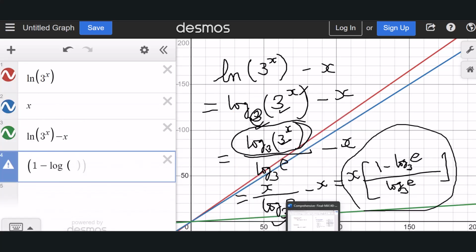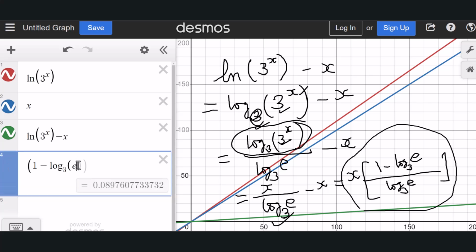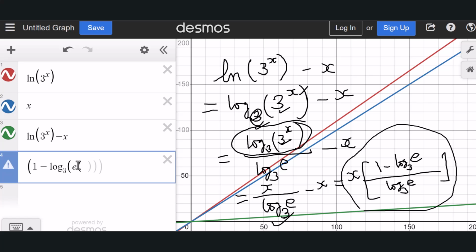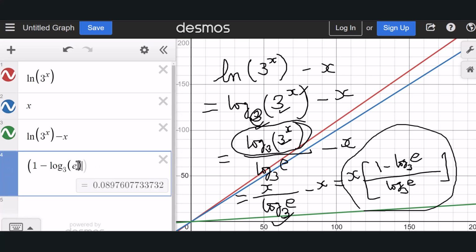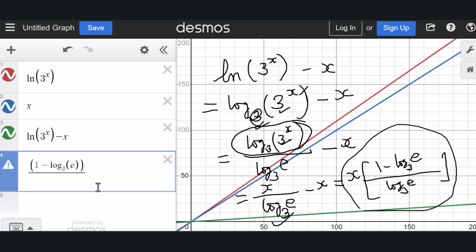Bring it below here. So we got log of 3 with base e, divided by log of e with base 3. I can just copy and paste it.